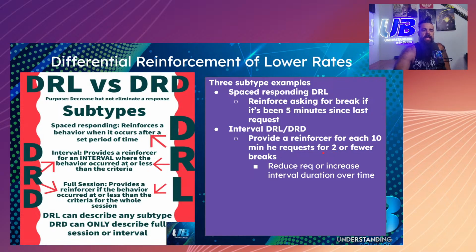So instead of 2 requests in a 10-minute period, we can make it 1 request in a 10-minute period. Another way that we could fade this out is by changing the interval duration. We could make it 2 requests within a 15-minute period instead of 2 requests in a 10-minute period to help fade out that procedure as well.